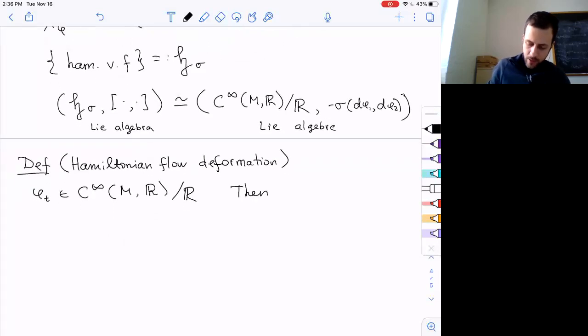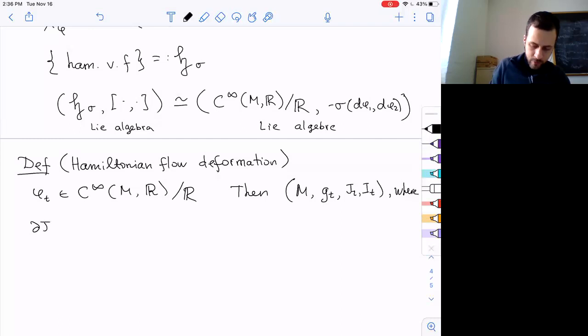Then we can consider the same manifold with G_t, J_t, and I_t. These will be one-parameter families of metric and complex structures, and they are defined by their variations as follows.